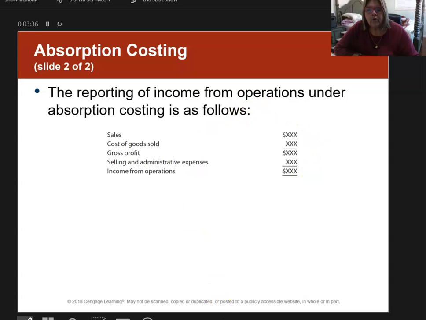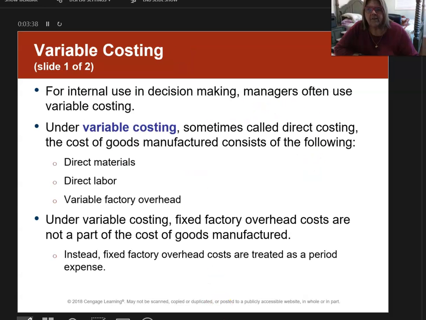So what we're going to do is talk about variable costing. And variable costing is also called, what's the name? There's another name for it, I forgot. But I do the same thing. It's called direct costing. I'm sorry, here it is. In variable costing, my cost of goods manufactured only consists of my DM, my DL, and only my variable factory overhead, because it makes the assumption that my fixed factory overhead costs are really not part of the cost of goods manufactured, because I'm going to pay them regardless what I do in my actual day-to-day activities.